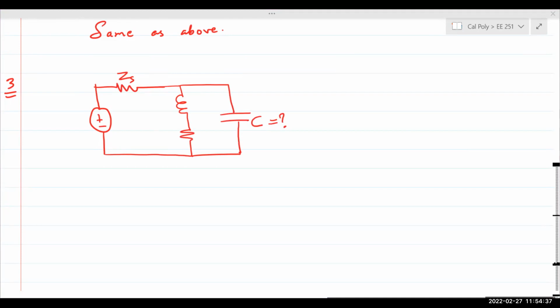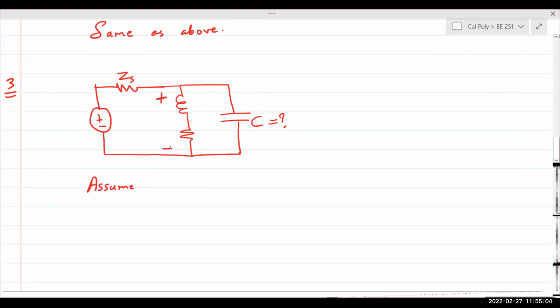Now, inherently, there is a slight error built into this question. Well, it's not an error as much as an assumption. So you would have to assume that you're going to increase the voltage across the inductor and that resistor.